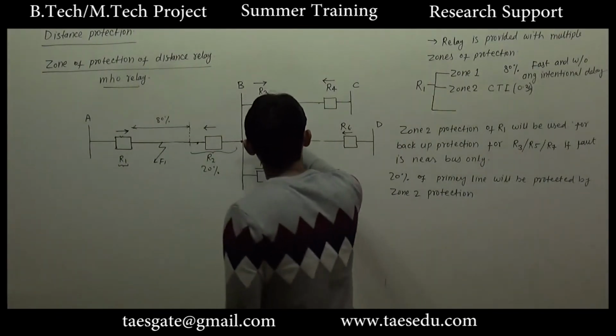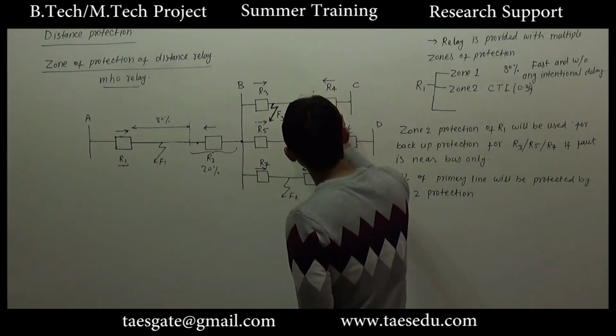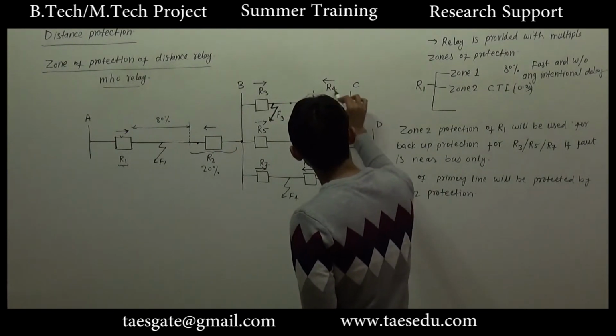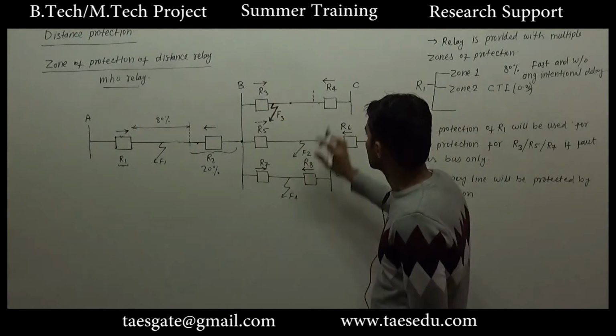For relay R3 also, zone 1 protection will be provided up to 80% of the primary line only, and the rest 20% of the line will be protected by zone 2 protection of R3.